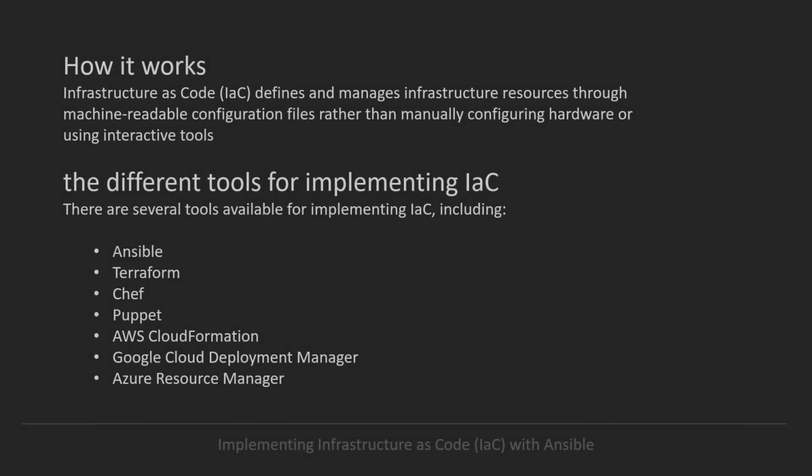Automation tools for implementing IaC, such as Ansible, Terraform, Chef, or Puppet, interpret the infrastructure code and execute the necessary actions to bring the actual infrastructure into the defined state.